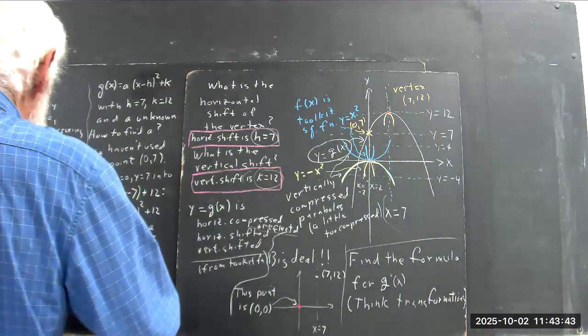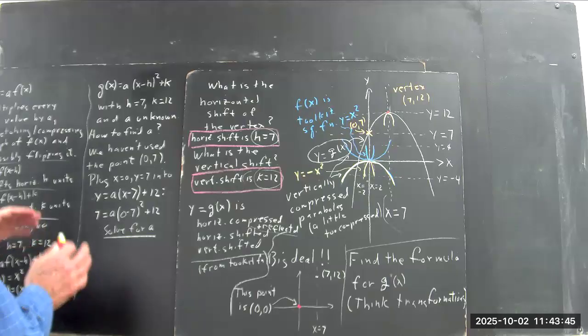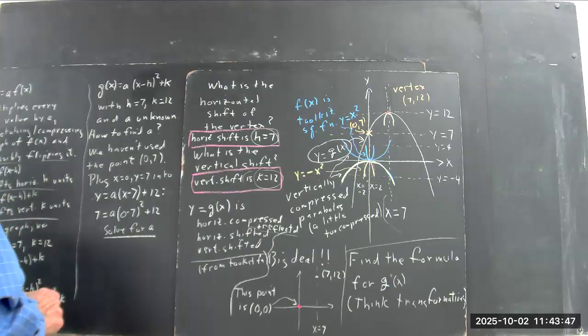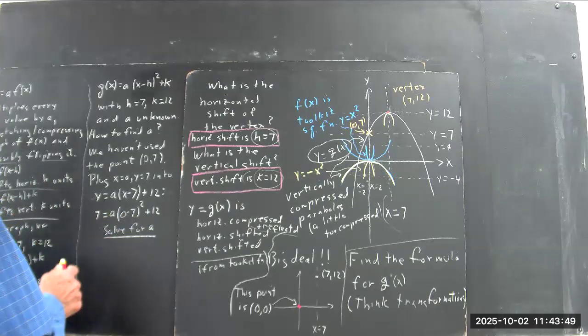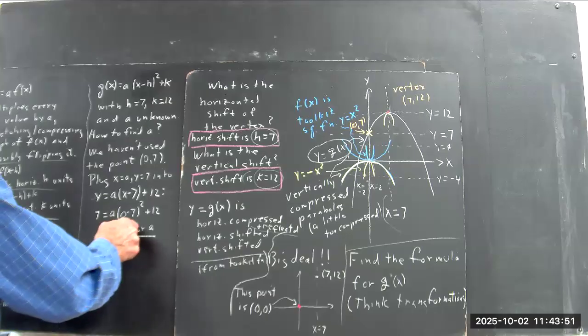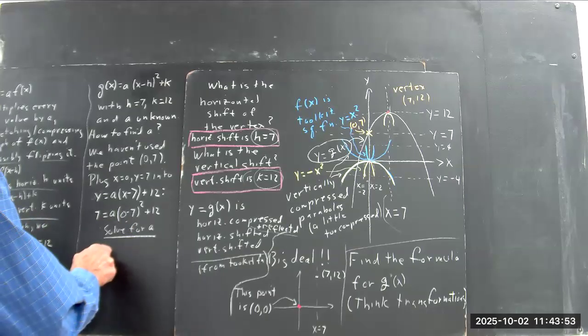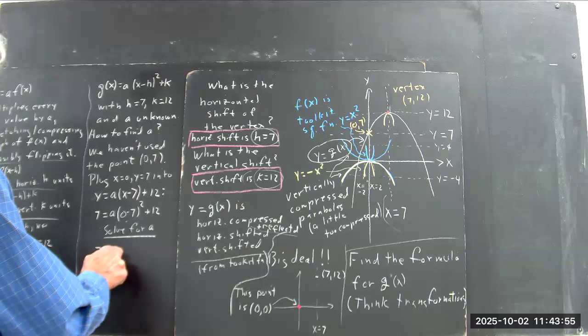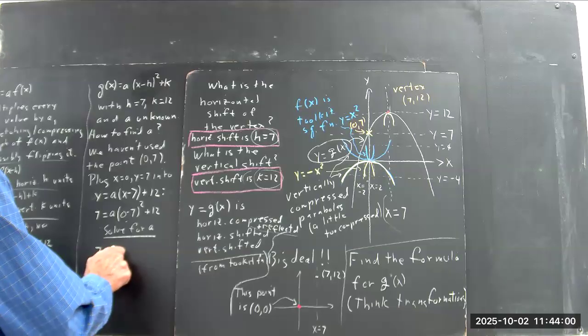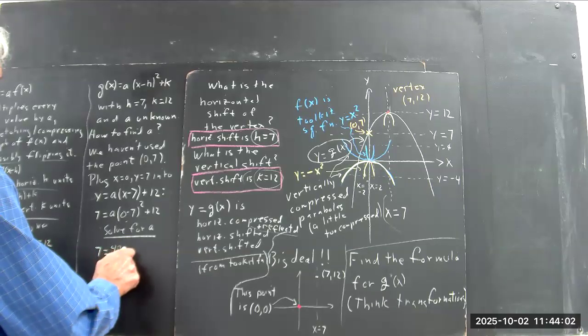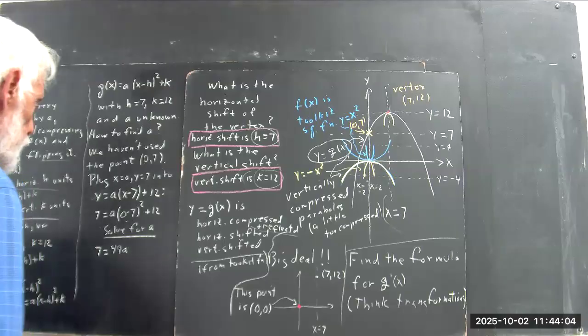Okay, now some people have just a little trouble with this, not a whole lot, but there are a couple of wrong steps that I see people taking. So I'm going to explain exactly how this is solved for a. You get 7 equals 49a.